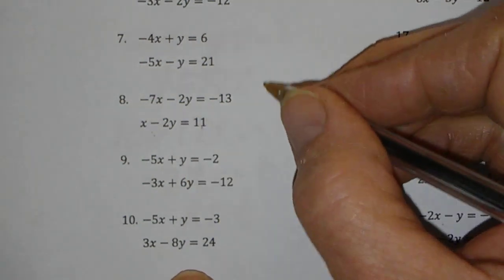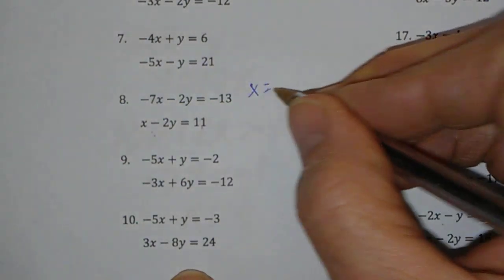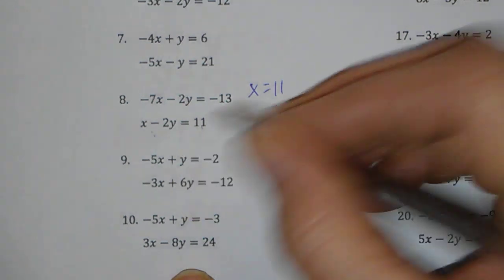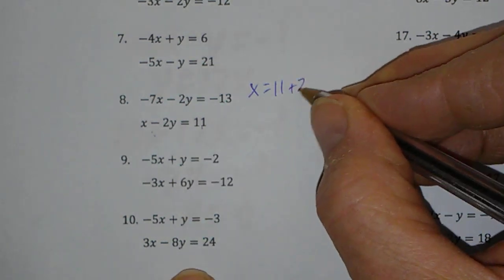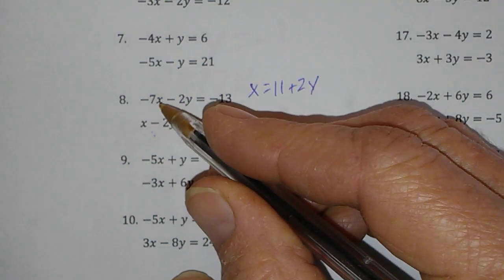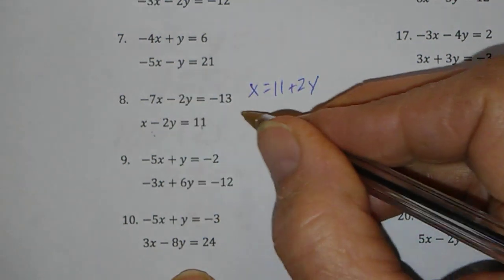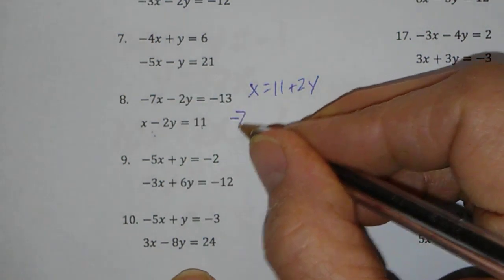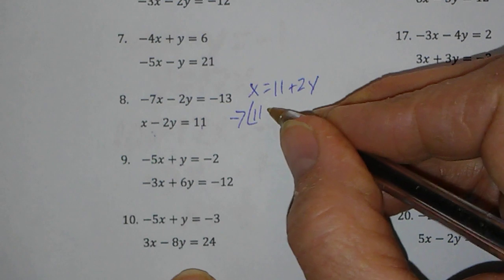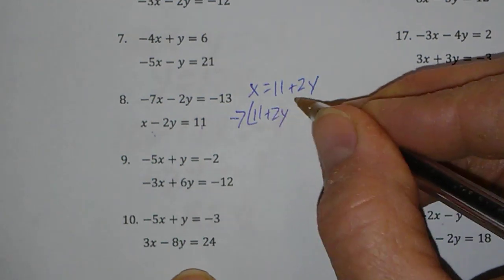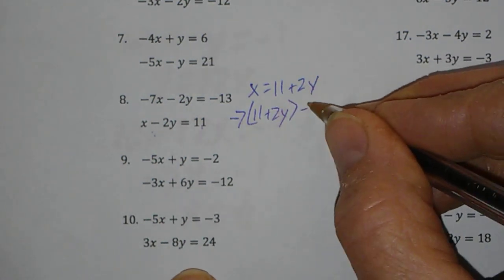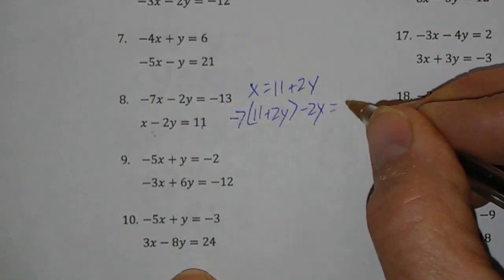I'm going to change that to x equals 11, and I add 2y to both sides, plus 2y. Now I'm going to substitute it in here for my x. So I'm going to get rid of the x. Negative 7 times 11 plus 2y minus 2y equals negative 13.